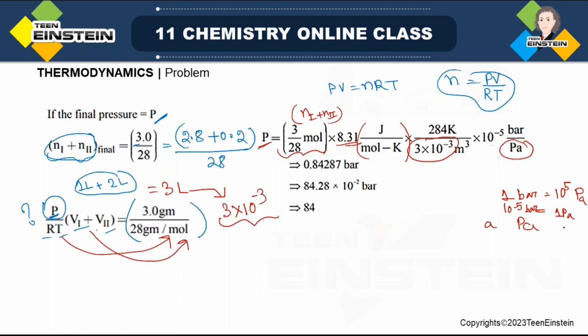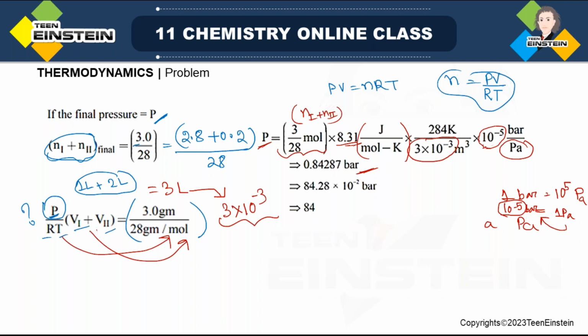So when you change the unit from Pascal to bar, you have to multiply with 10 to the power minus 5, and that is what we have done. So that finally you can get the answer directly in bar. You can also do it later, but here it is directly done.